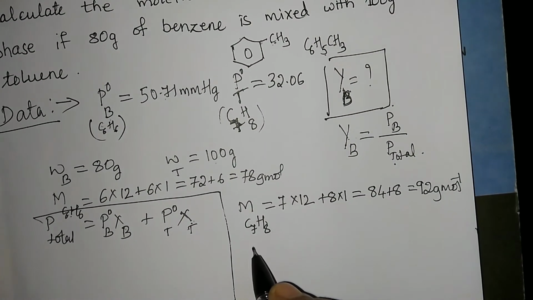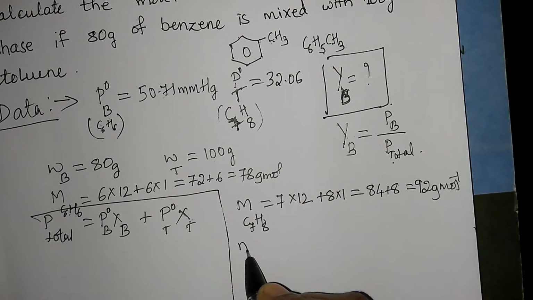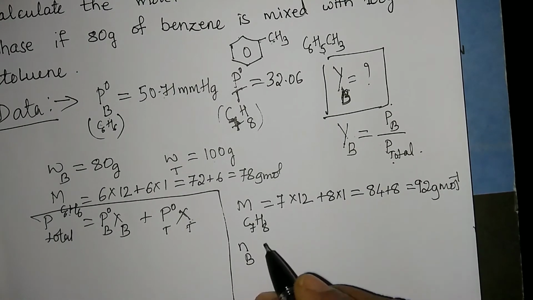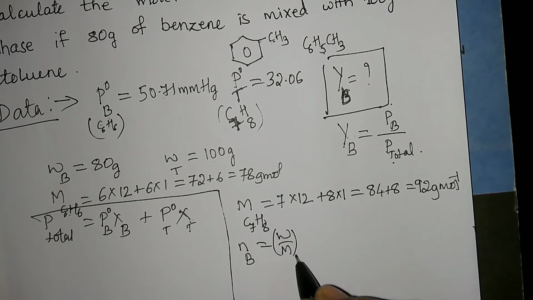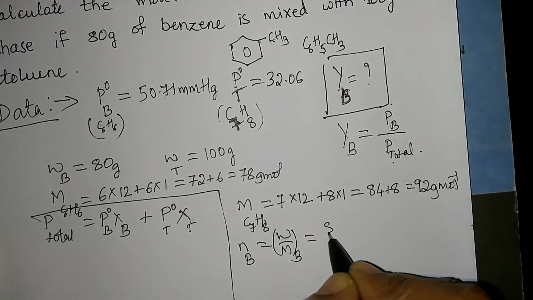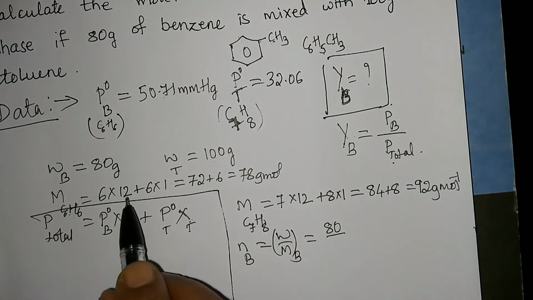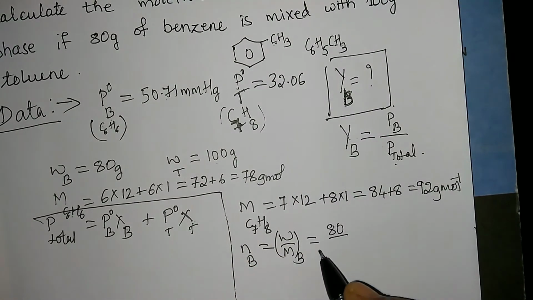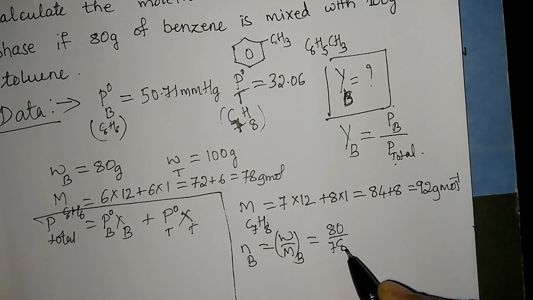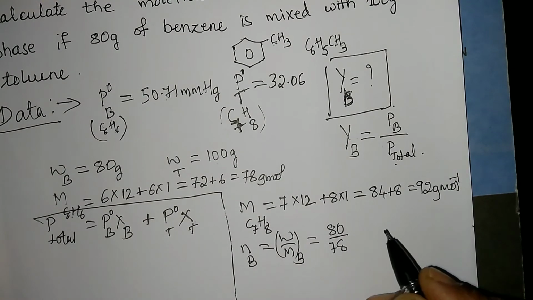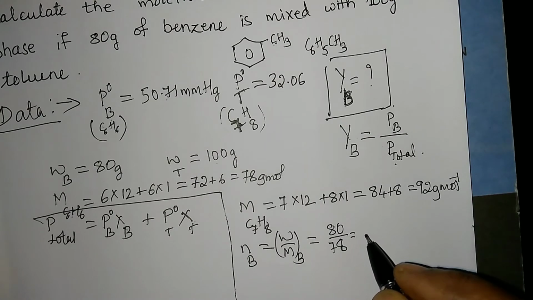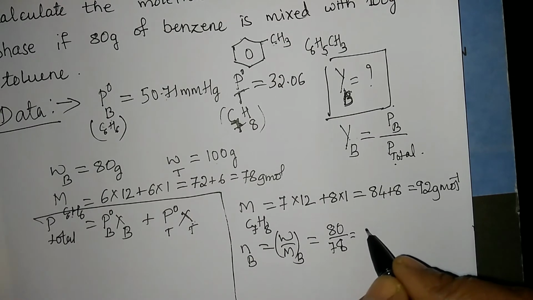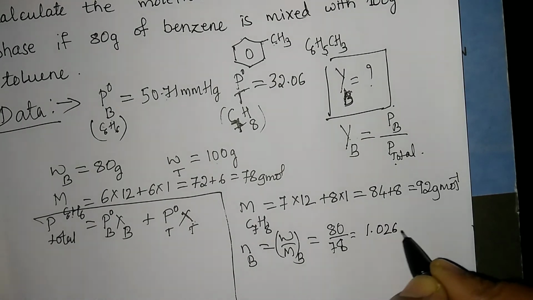So now we will calculate the number of moles of benzene. That is equal to mass divided by molar mass of benzene. Mass is 80 divided by 78. So that comes to be equal to 1.026.